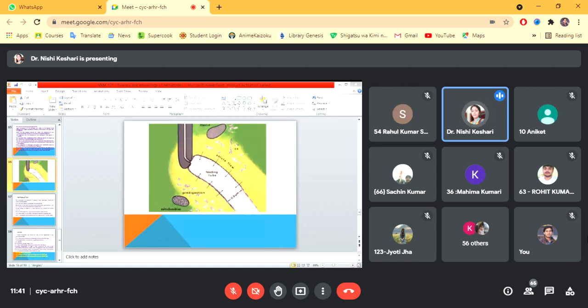If they suck all these organelles with the cell sap, they will block the passage. So they have to filter these organelles. What they do is construct a feeding tube. This is a temporary feeding tube.